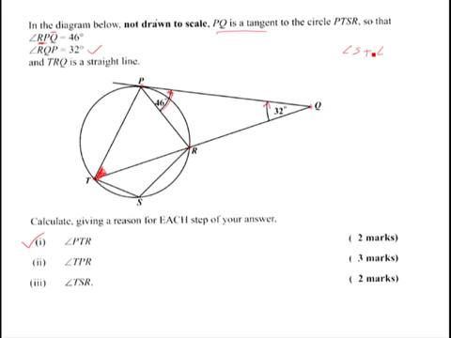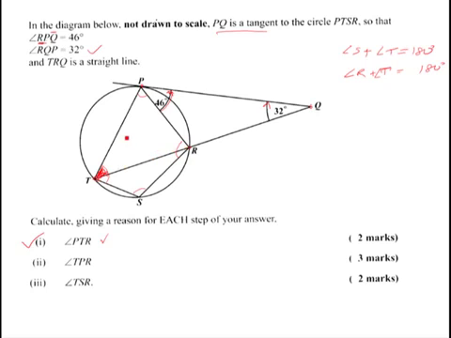We know angle S plus angle T, this angle right here and this angle right here, will be equal to 180. What else do we know? We know angle R plus angle T down here is also equal to 180 degrees. I'm not talking about this little angle right there, I'm talking about the entire angle there. So looking at that, now we need to find angle PTR.